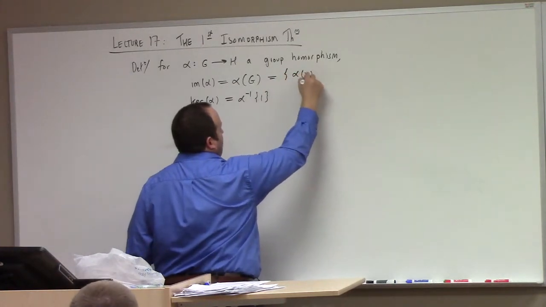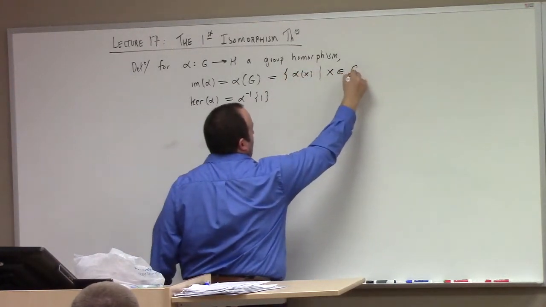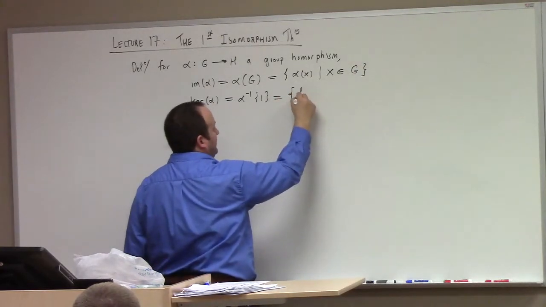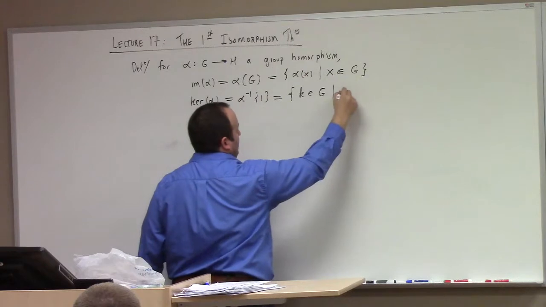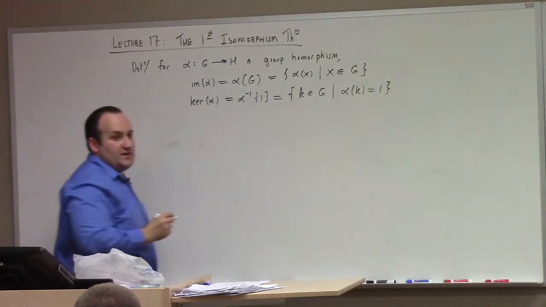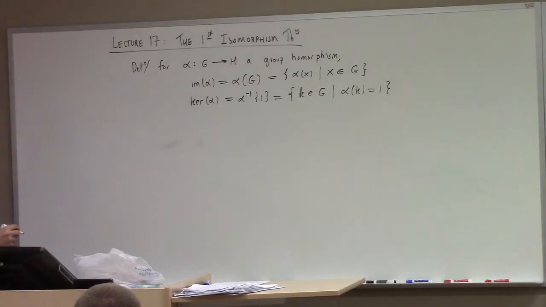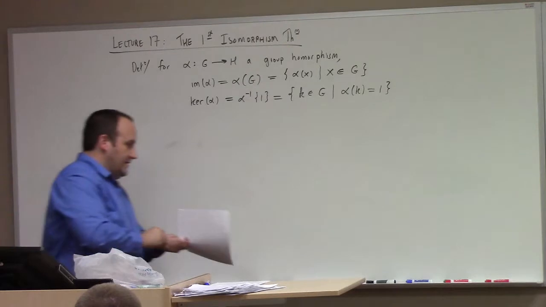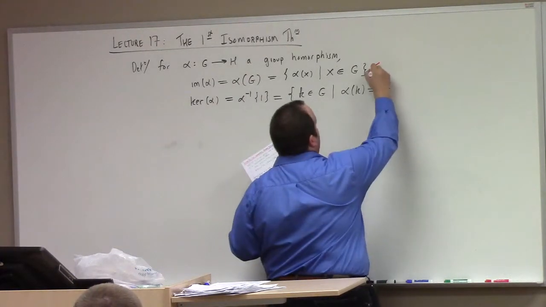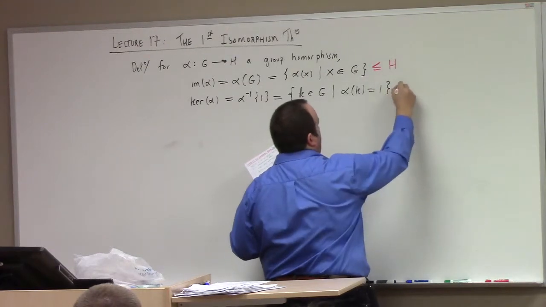The image is alpha of x such that x is in G. The kernel is k in G such that alpha of k is equal to 1, the inverse image of the identity, versus the forward image of the domain, or just the image.